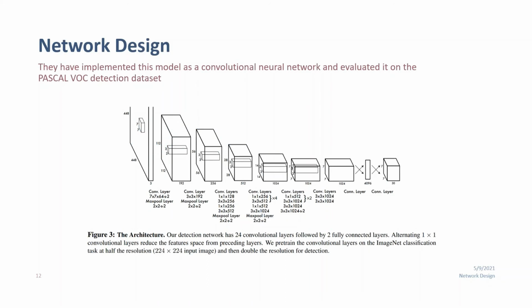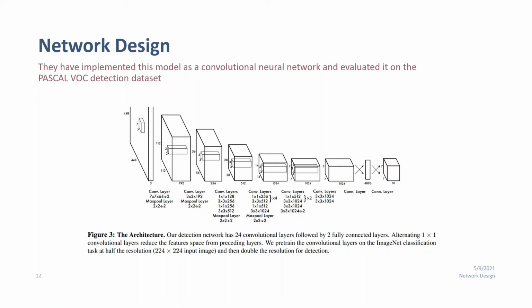Now let's have a look at the network design of the algorithm. We have a convolutional neural network, inspired by the GoogLeNet model for image classification. It contains 24 convolutional layers followed by 2 fully connected layers. The last layer, as you can see, has dimension 7 cross 7 cross 30.